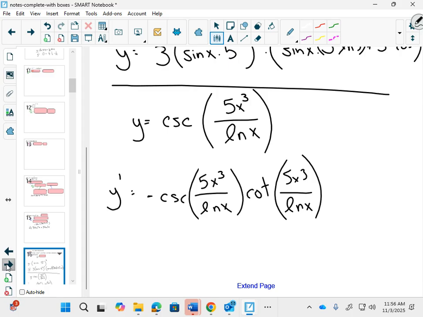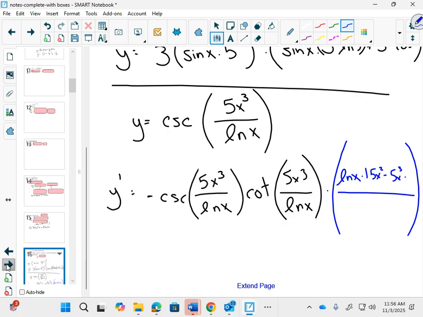Then after we've done the derivative of the outside, we have to multiply by the derivative of the inside. I'm going to run possibly out of room. It's a quotient rule. What do we keep the same in the quotient rule? The bottom. So I keep that the same. Derivative of the top minus, keep the top the same.